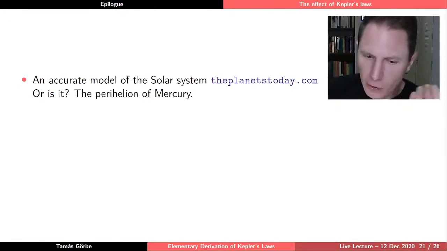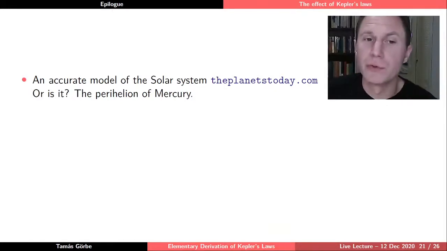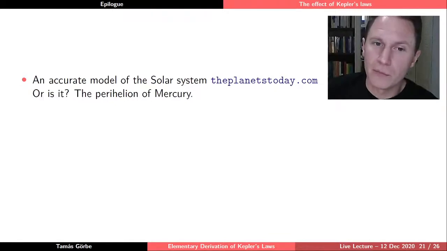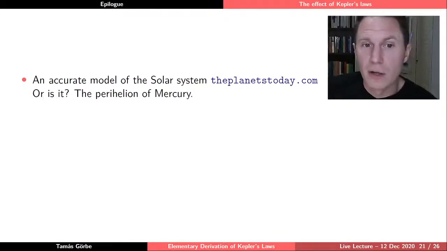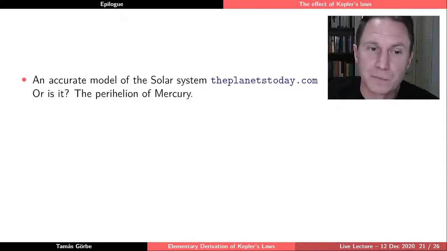So it was so accurate that indeed it took a good number of years to notice that Newton's law of universal gravitation cannot describe the motion of the planets very well to a high accuracy.